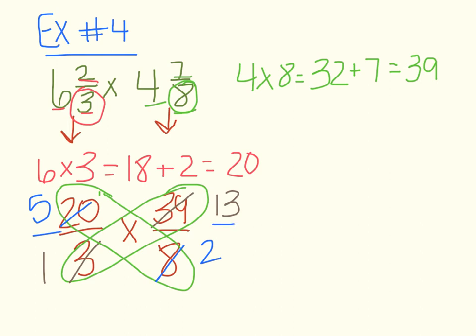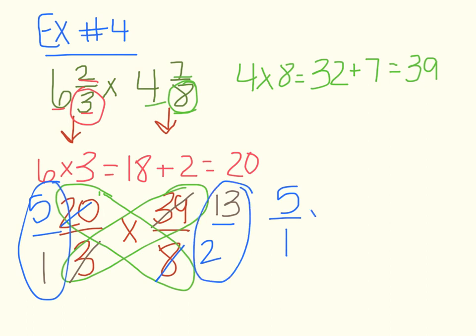So let's just rewrite those fractions. 5/1 times 13/2. 13 times 5 is 65, and 1 times 2 is 2.